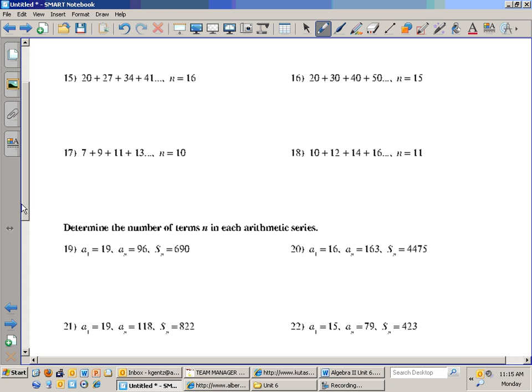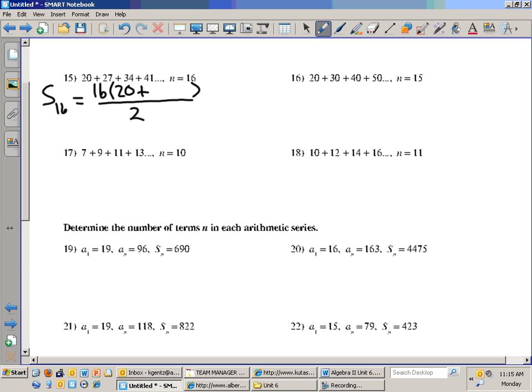So you want to try to find the sum of the first 16 terms. Okay, so I set it up. S sub 16 is equal to, what is n? 16 times, what's your first term? 20 plus, what's your last term? We don't know. It's the 16th term of this sequence, so I'm just going to put a parenthesis there. We got to figure that out. Divided by 2.